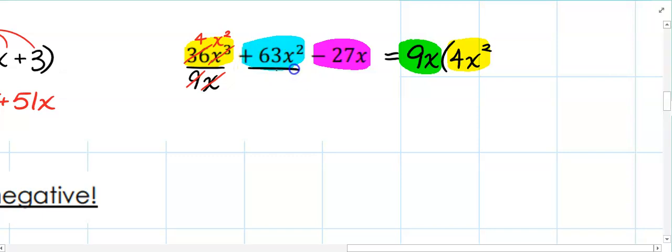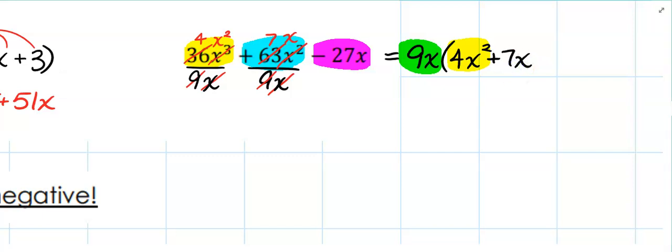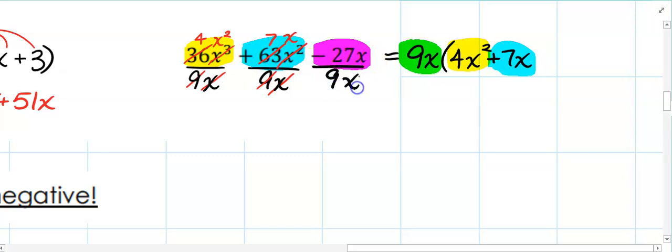The next term, dividing by 9x, 63 and 9 cancel, and I'm left with 7. 2 factors of x on top and 1 on the bottom leaves me with 7x for my next term. And finally, with the pink term, when I divide by my GCF, the x's cancel, the 9 and 27 cancel, and I'm left with just negative 3.